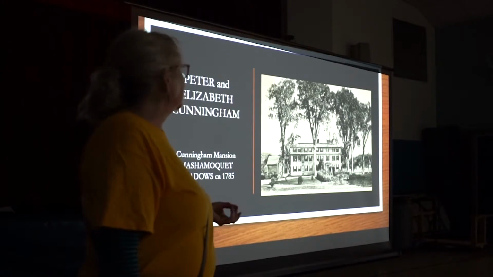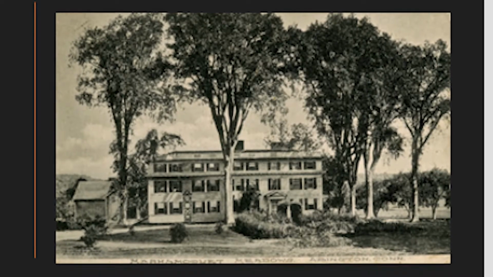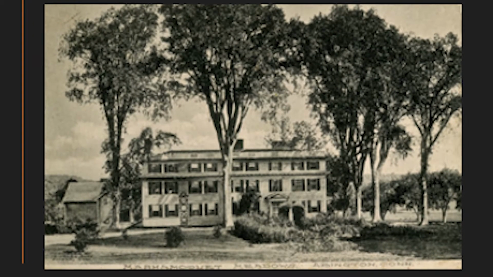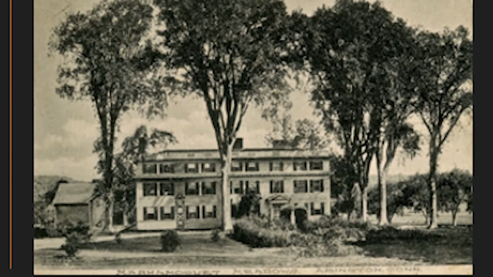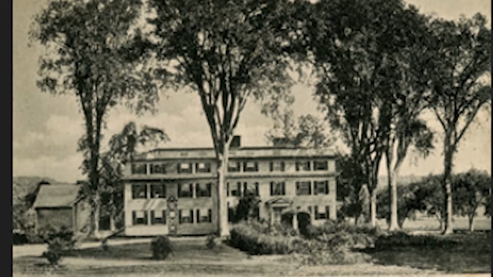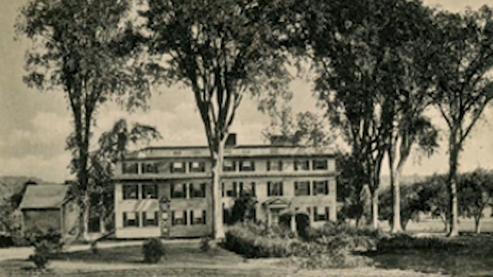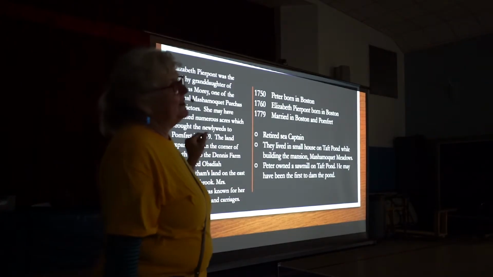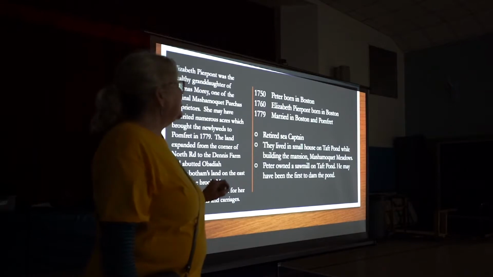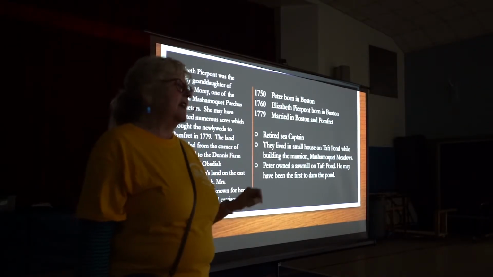Peter Cunningham was a retired sea captain, and they built this fabulous mansion, which is renowned throughout Pomfret history. It's about 1785, I believe, when the mansion was complete. It was called National Meadows. When they first came here in 1779, they lived in a smaller house on their property that overlooked Taft Pond.